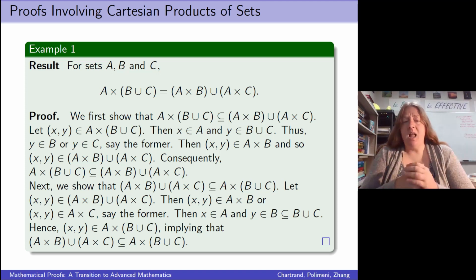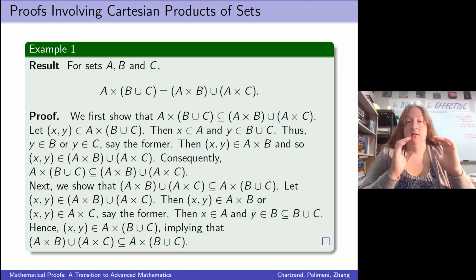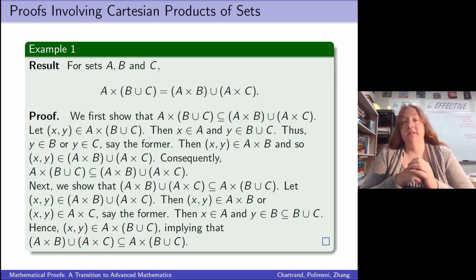So I have the inclusion that I was looking for. An element in the Cartesian product of A with B union C is an element that is in the Cartesian product of A and B unioned with the Cartesian product of A and C. So I have that subset shown.